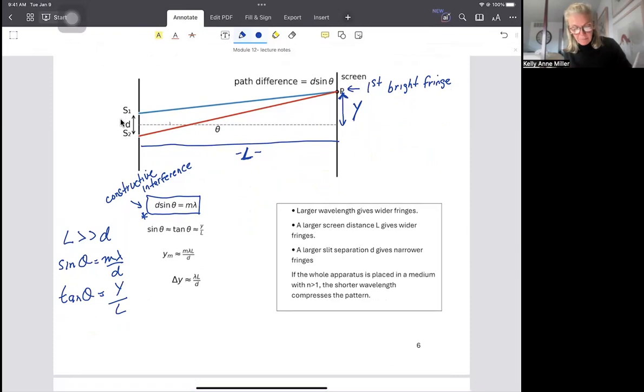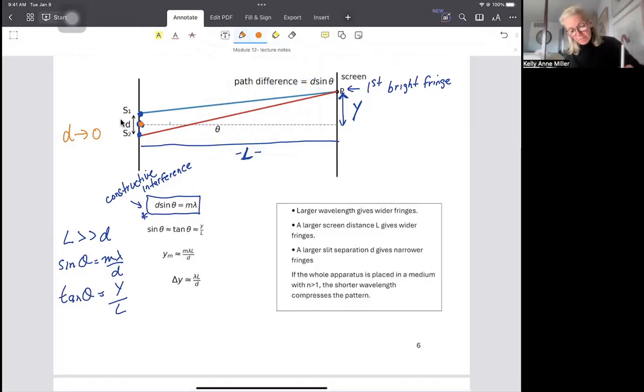That's because as these two points get closer and closer together, the only triangle we need to consider is this one. Imagine that these two points converge to the midpoint here, basically in the limit where d goes to 0.